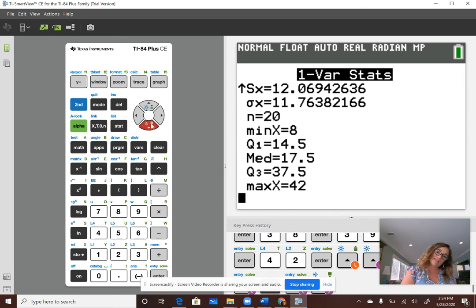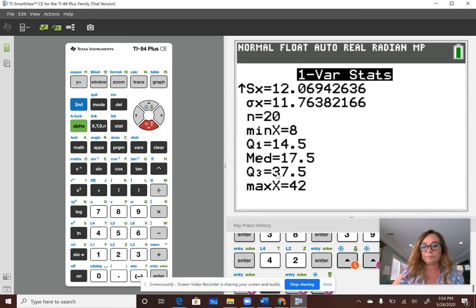I have 8, 14.5, 17.5, 37.5, and 42. Okay. Remember, you can also check to see if there's outliers by doing the interquartile range, which I'll talk about in a second.